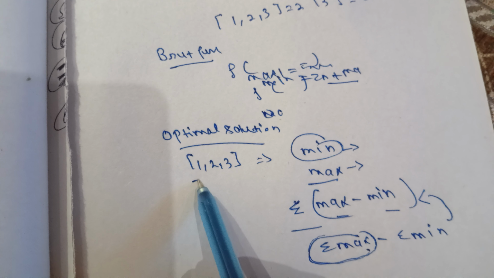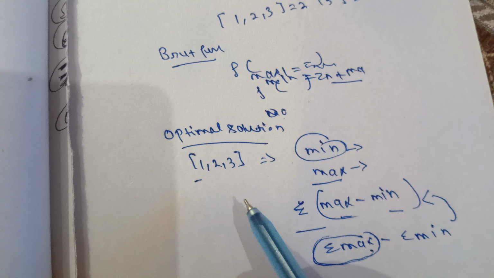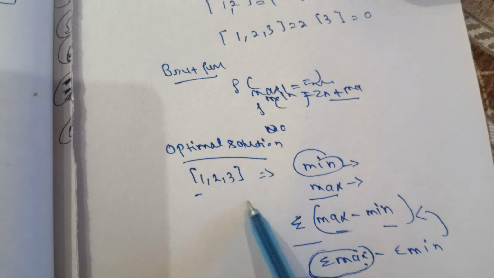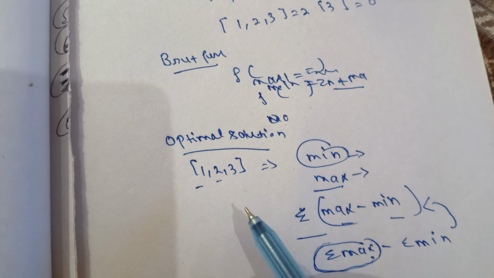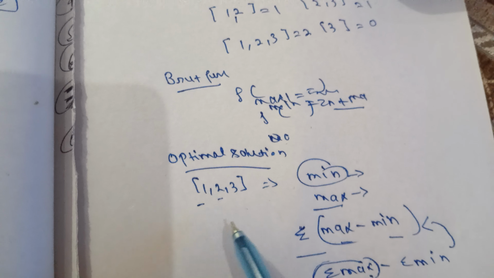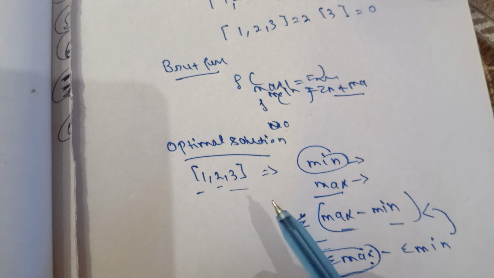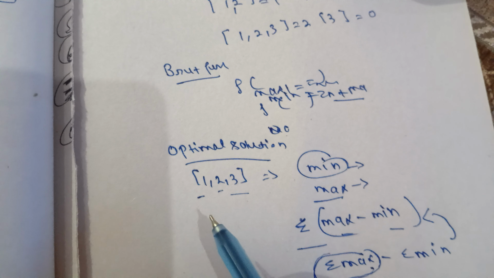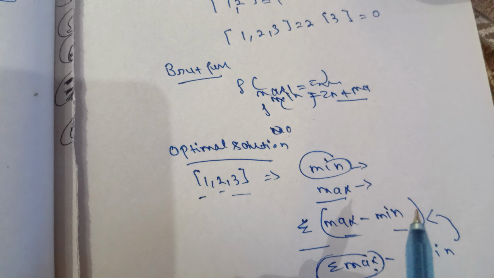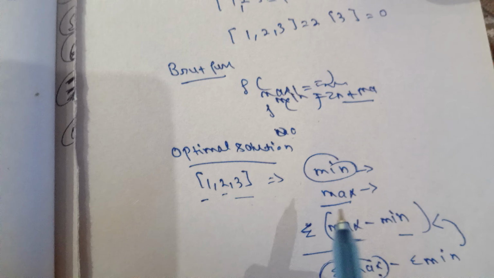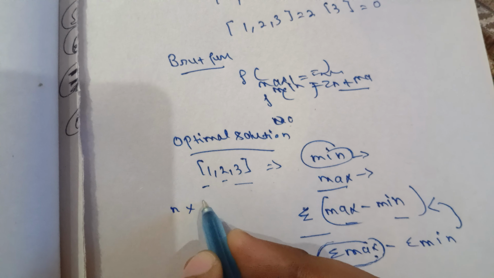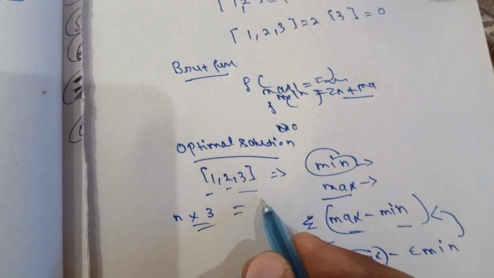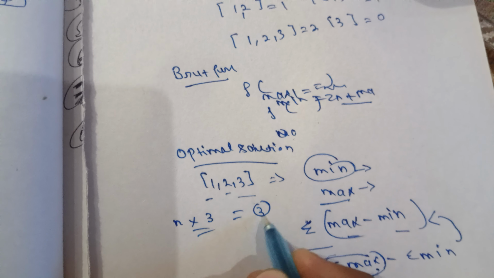So if we find all the maxi, it means we found all the subarrays. Just like we take 1 as the max, and count how many subarrays we can create where 1 is the max. Just like we take 2 as the max, and how many subarrays we can create taking 2 as the maximum here. Just like 3, we take 3 as max, and how many subarrays we can create with 3. If we find how many subarrays we can create where 3 is the maximum, say n, then n multiplied by 3 gives the contribution of 3.